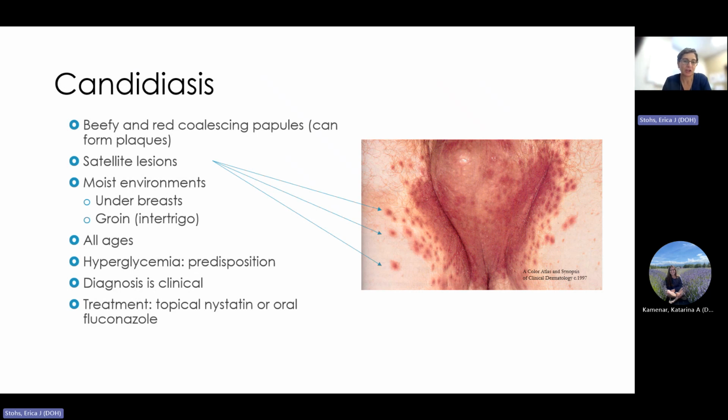Those are called the satellite lesions. Again, it starts in those skin folds in moist environments. All ages get these, and someone who is hyperglycemic or has underlying uncontrolled diabetes may be more predisposed to this. Diagnosis is clinical. You may see your providers prescribe topical nystatin or give doses of oral fluconazole.